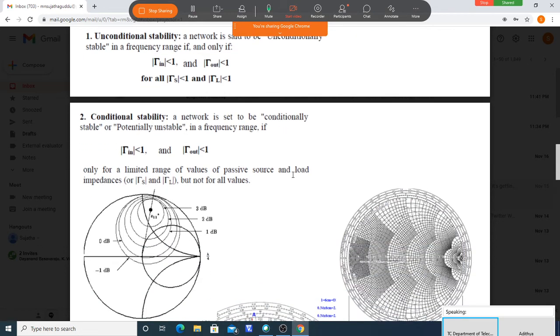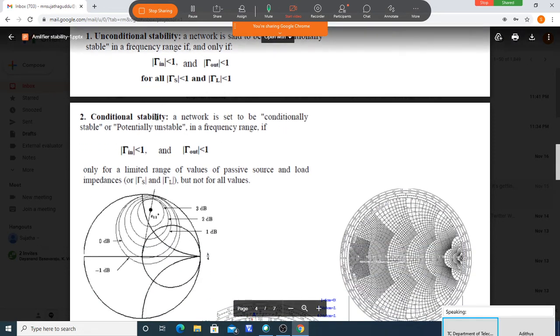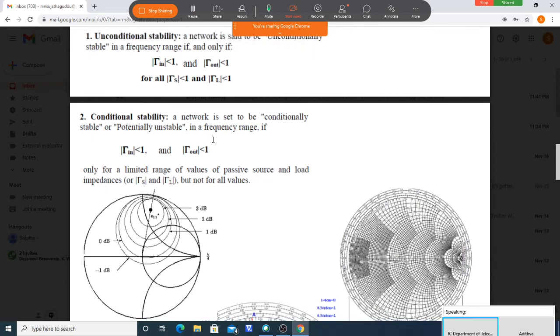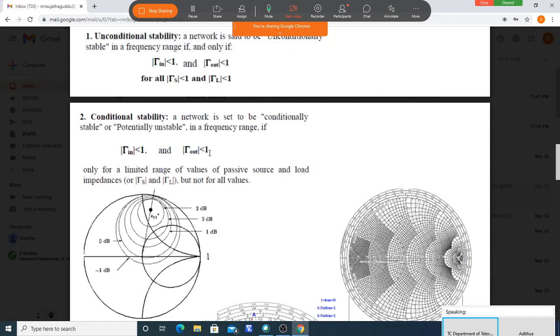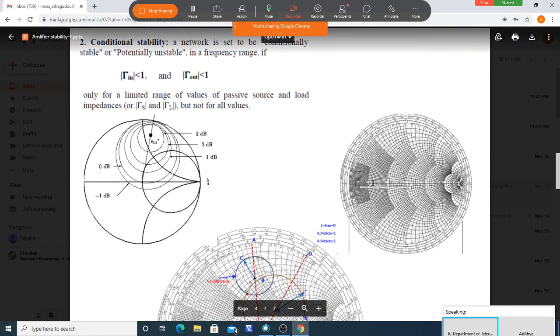Then another is conditional stability. This is the one problem here. Here, the Γin and Γout are lesser than 1 only if you choose particular values of impedances within this impedance chart.